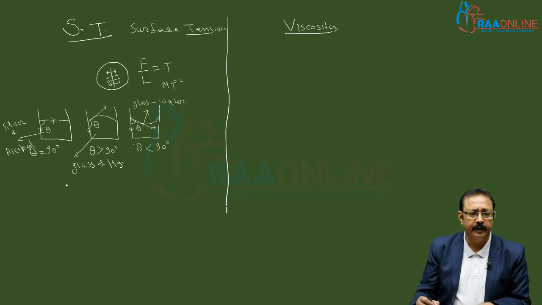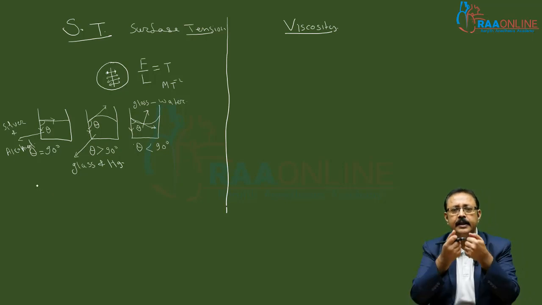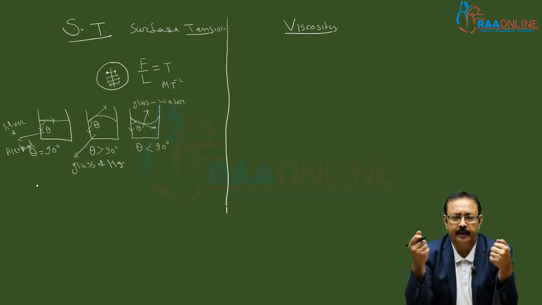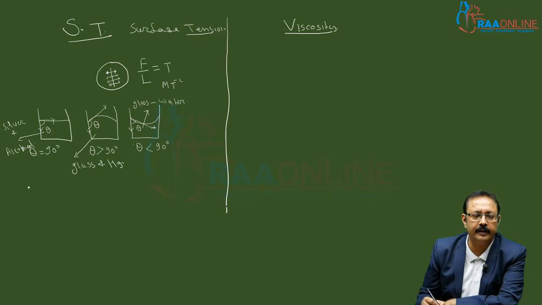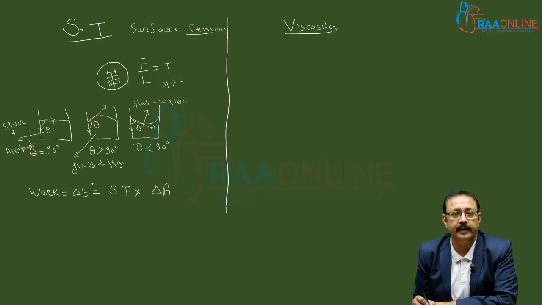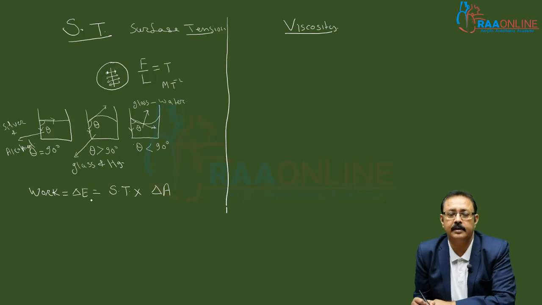So now one more important factor is there. If you are increasing the free surface area, you have to do work, and that work or change in energy you can calculate by the formula surface tension into change in area. They will give you numericals on this.